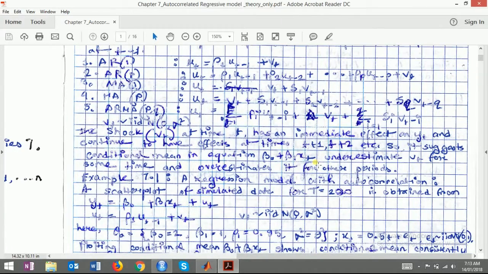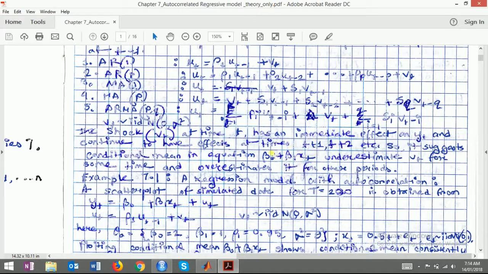So vt itself is the residual of ut, where ut is not independent anymore. vt is independent and identically distributed with zero mean and sigma square variance. So vt is a shock at time t, which has an immediate effect on yt and continues to have effects at time t plus 1, t plus 2, and so on. That is what is meant by this ARMA model.